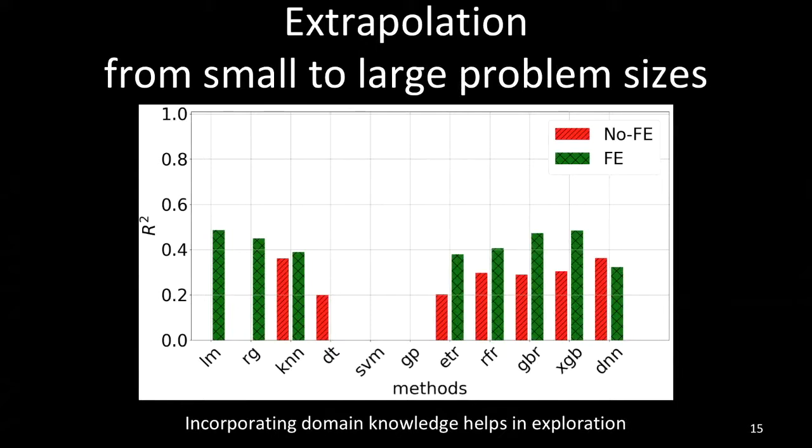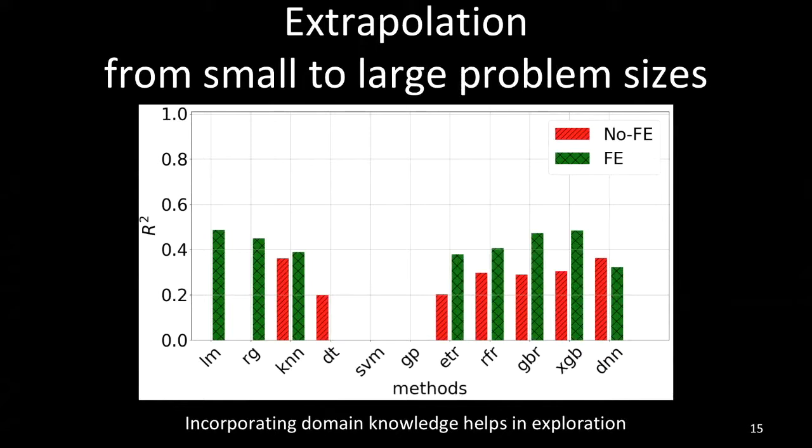We can also see the same sort of thing here, except for the DNN. For some reason, it cannot perform well. But for the ETR, extra-tree regressor, to extreme gradient boosting, we see significant improvement in the accuracy using feature engineering.